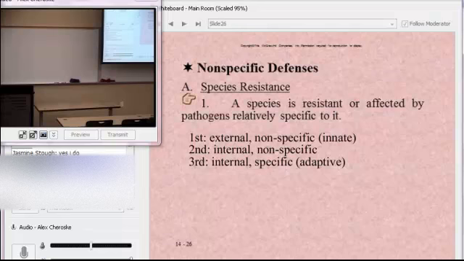For instance, you hear about bird flu, swine flu, and so on. Those are viruses that can spread between different birds or between different swine, but normally that does not affect humans. And so you can have species resistance to it.